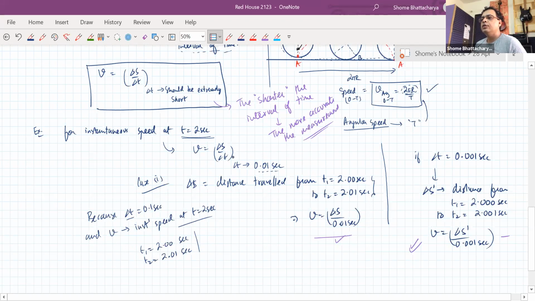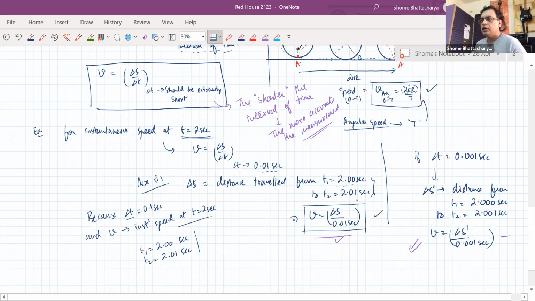And I should go ahead and calculate this ratio of delta s by delta t. So delta s will be the distance traveled from t1 to t2. That divided by the time interval of delta t, which is 0.1 seconds, will give me the measurement of the instantaneous speed. Right? This is clear?